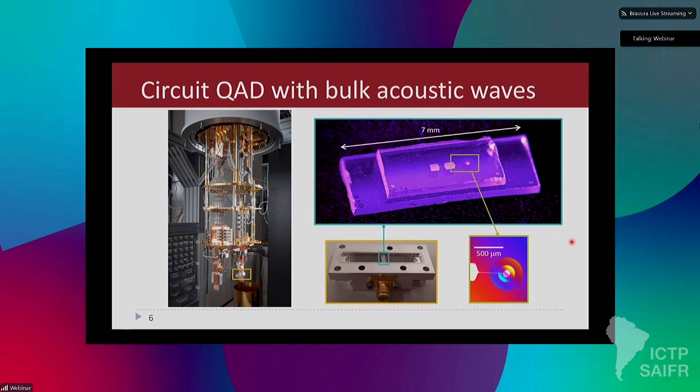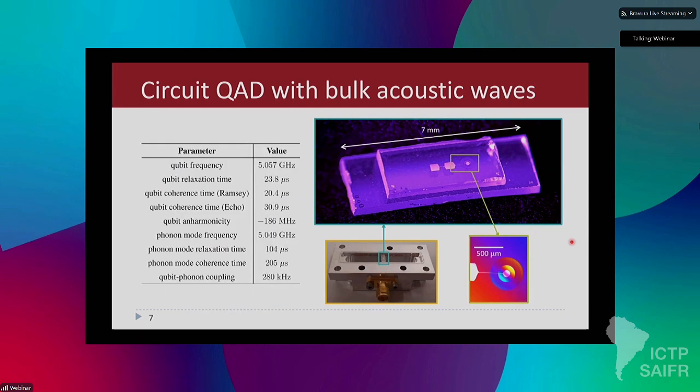So again, all of our modes are at gigahertz frequencies, so if we cool it down, everything starts out in the quantum ground state. One other thing to note here is that our phonon modes, our mechanical modes, are quite long-lived, quite a bit longer-lived than our qubits. Right? And that is a point that will become important a little bit later in the talk.